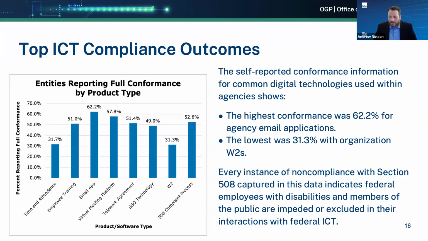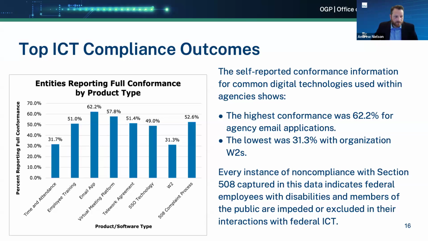The highest conformance was for the agency enterprise email applications, at 62.2% conformant. And the lowest was for the W-2s.